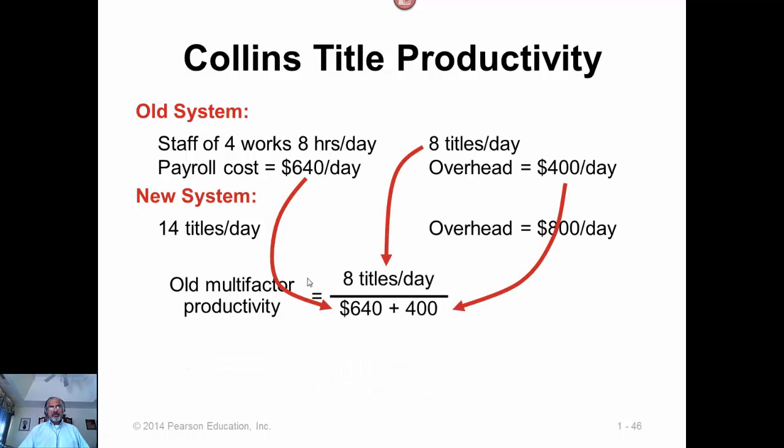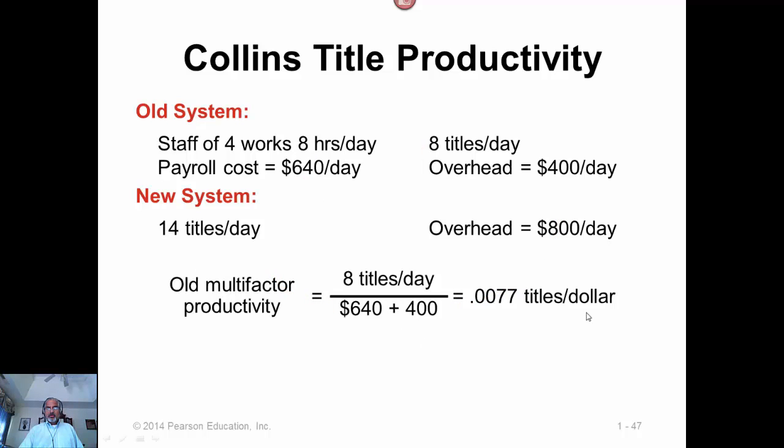Now multi-factor productivity. The numerator is the same for the old system: 8 titles per day. The denominator is $640 of payroll cost and $400 of overhead cost. You cannot use 32 hours here, because 32 hours plus $400 doesn't make any sense at all. So you have to use the dollar amount for labor cost, and with 400 that gives you 0.0077 titles per dollar of these two inputs.